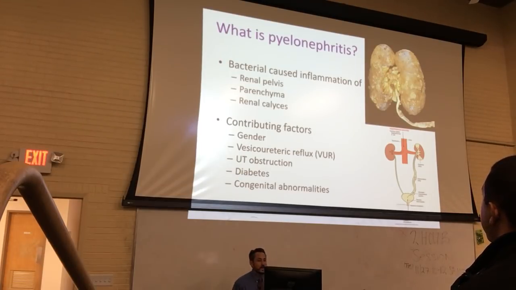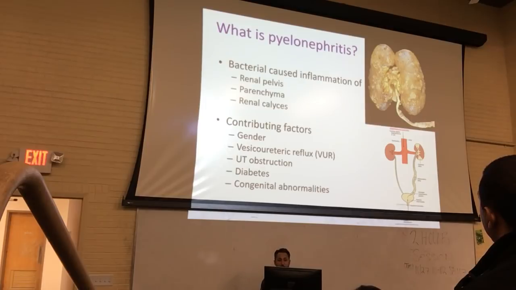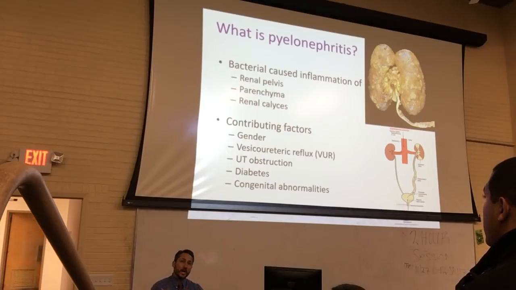Some patients have a more aggressive VUR, or this reflux that I was talking about, and so they're more susceptible to developing UTIs. They get them on a more routine basis than other individuals. Urinary tract obstruction: if there's something blocking it, like a kidney stone, something's blocking flow.